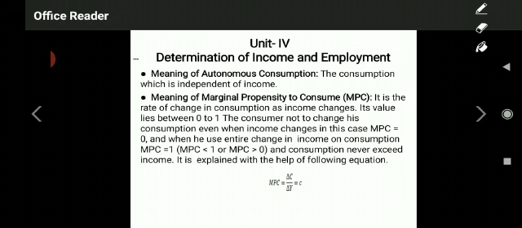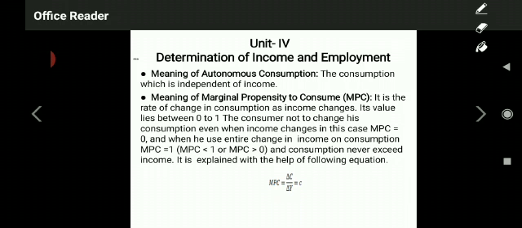This particular topic is related to determination of income and employment. How income and employment are determined in an economy.